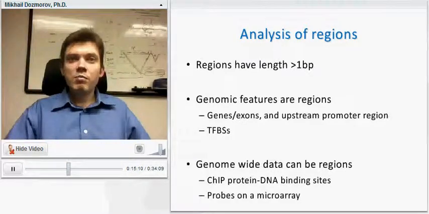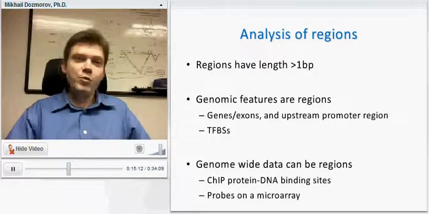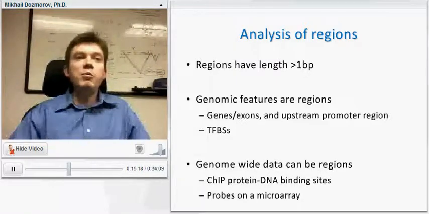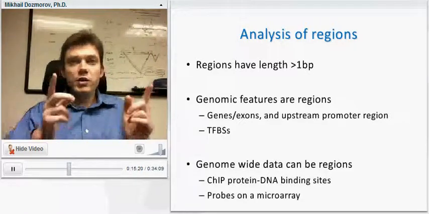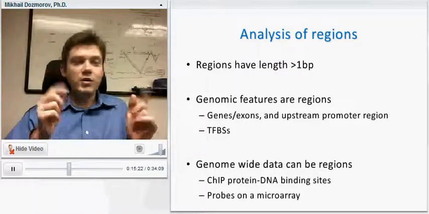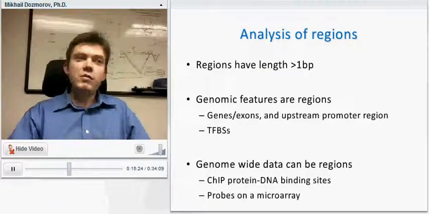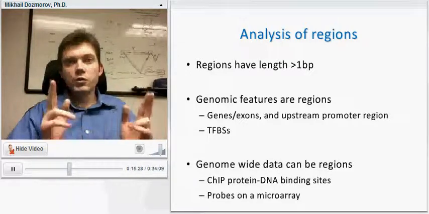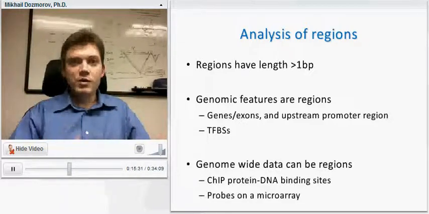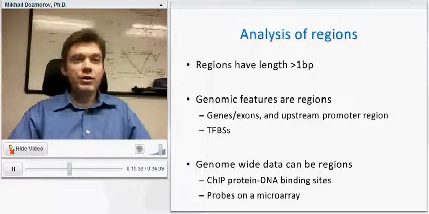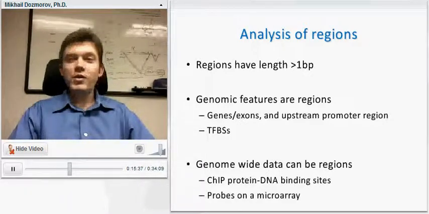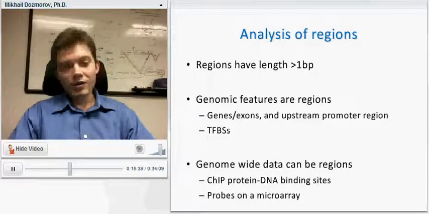Genome-wide data, besides single nucleotide polymorphisms, can also be regions. For example, ChIP protein DNA binding sites are also located on the genome and they have length. If you study microarray probes, probes are on the microarray, they are also long, 50 base pairs, 75 base pairs, but they have length. And analysis of regions is much more complicated.